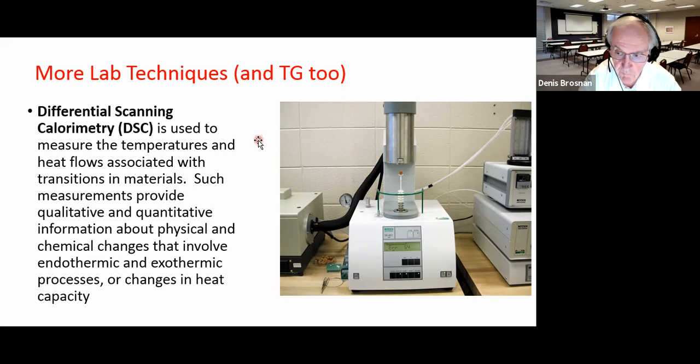So we get two very important things here: weight change versus temperature, and we can tell and quantify endothermic and exothermic reactions. Now, in this particular instrument, the gases that are evolved are coupled to an infrared spectroscopy instrument, and that allows us to identify a lot of evolved species that result from the heating process.